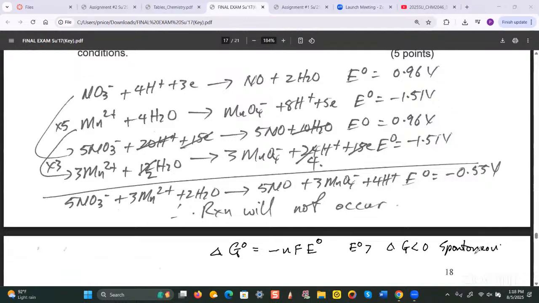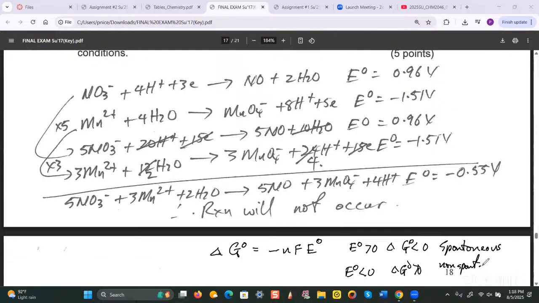On the other hand, if E0 is negative, then delta G is positive, which means that the reaction is non-spontaneous. All right? Okay, I see now.